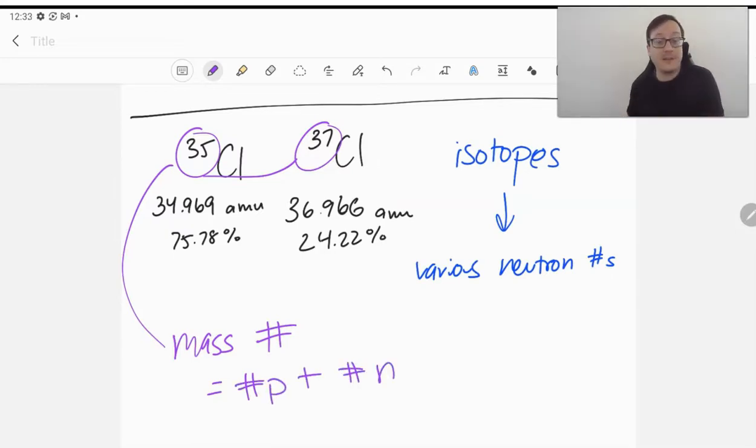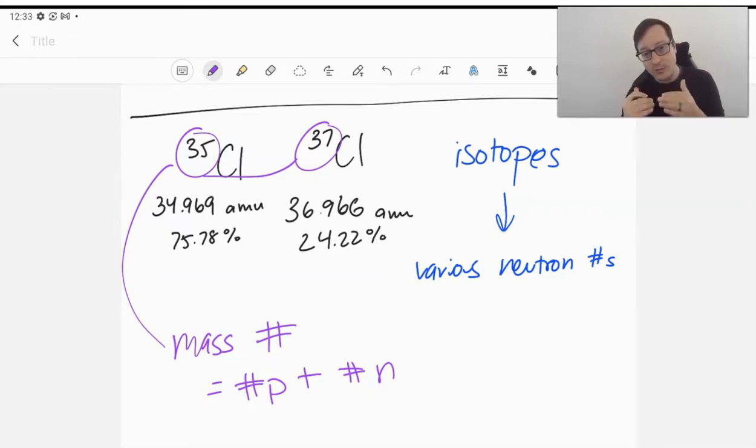It's where all the mass is in the atom, right? We have protons which have mass, neutrons which have mass, electrons, again, so insignificant we don't really worry about them. So your mass number is your number of protons plus neutrons. And this is therefore always going to be a whole number because we can't have half a proton or something like that. Half a neutron doesn't exist. So mass numbers are always whole numbers.